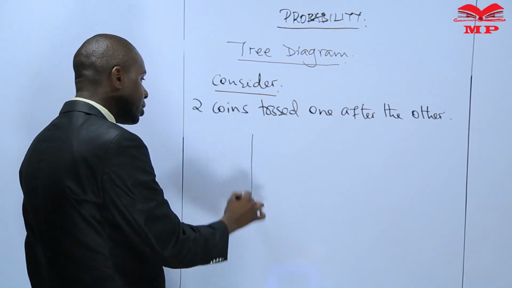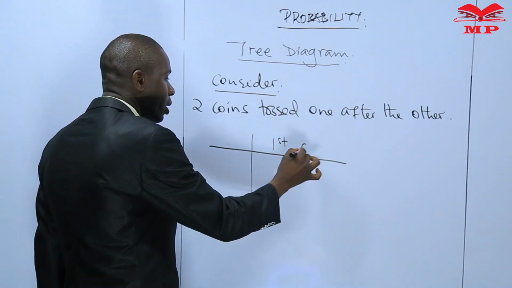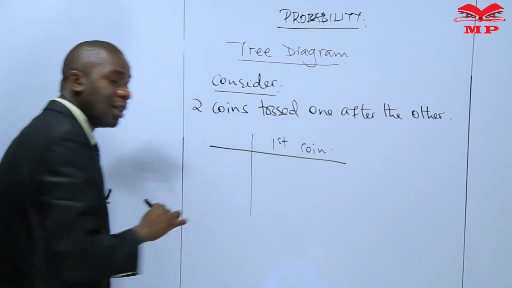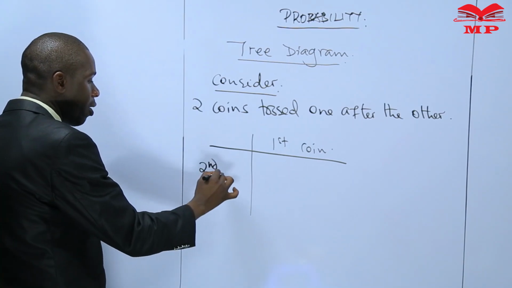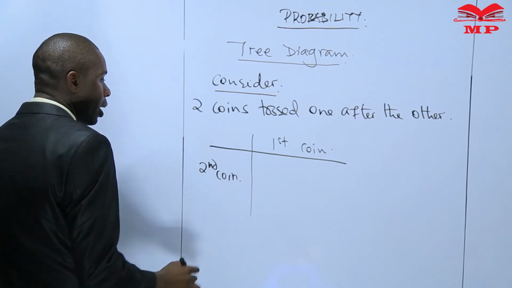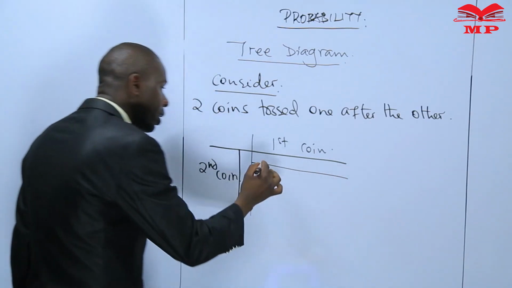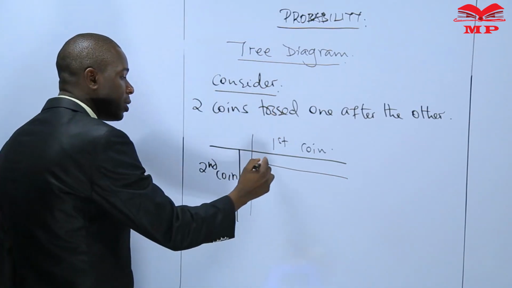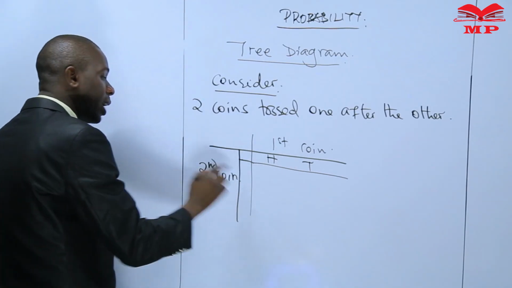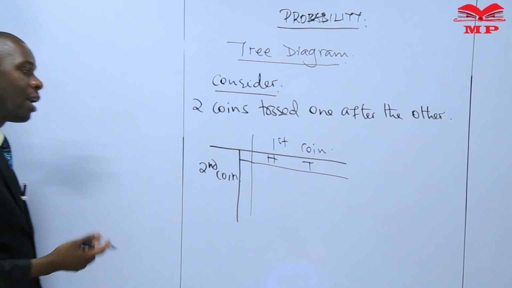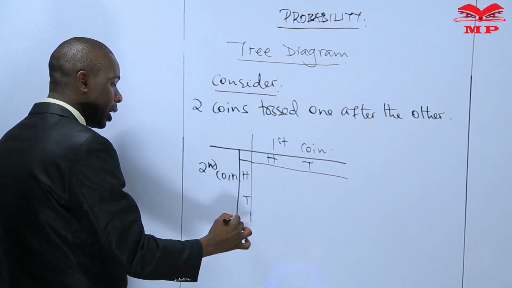So we can say we have the first coin, and at the same time, we have the second coin. The first coin can give us only two responses, either a head or a tail. The second coin can also give us only two possible outcomes, either a head or a tail.